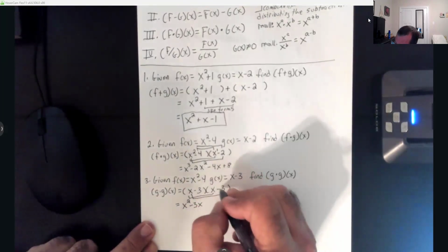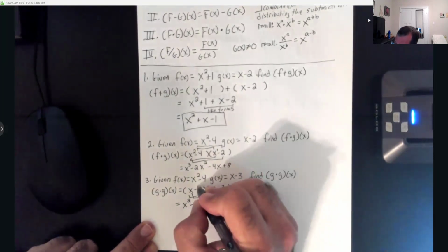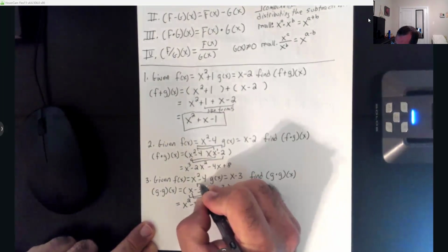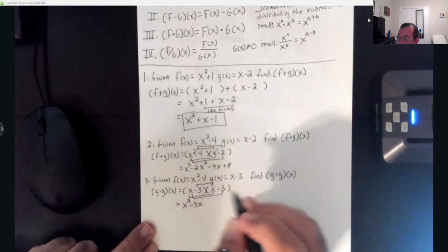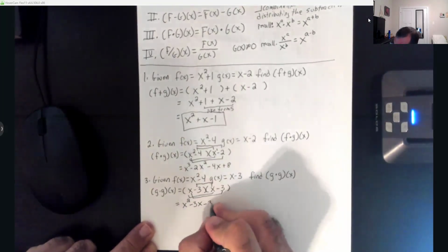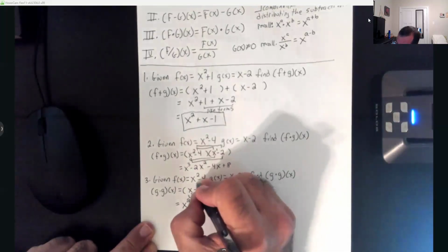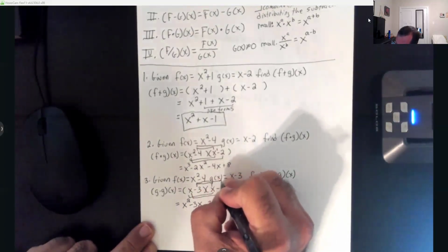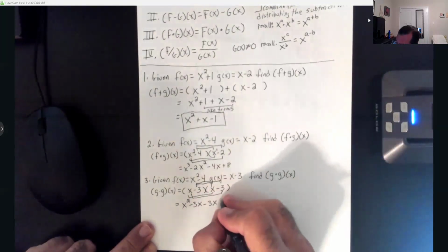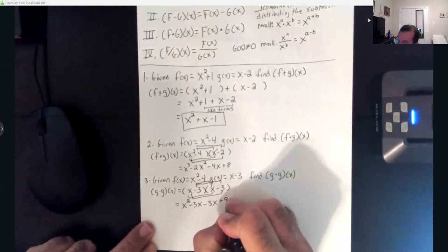Now I'm going to multiply both of these by that negative 3 in the first parentheses. So I've got a negative 3 times x, which is a negative 3x. And finally, this negative 3 times this negative 3 gives me a positive 9.